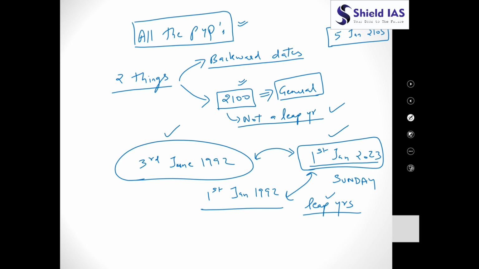Then you will be getting all the days, which have to be added or subtracted. You have to subtract the number of days from Sunday. Then after reaching 1st January 1992, you can directly go to 3rd June 1992 by calculating the number of days, dividing it by 7 and then adding the remainder to whatever be the day on 1st January 1992. Yes, this we have discussed.